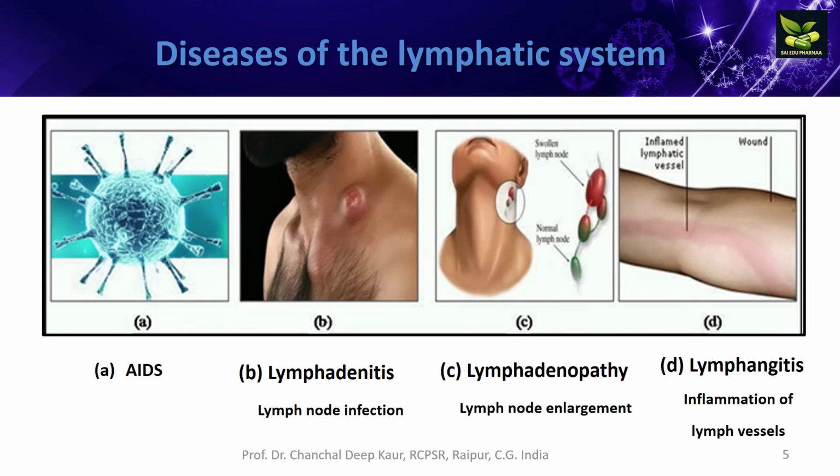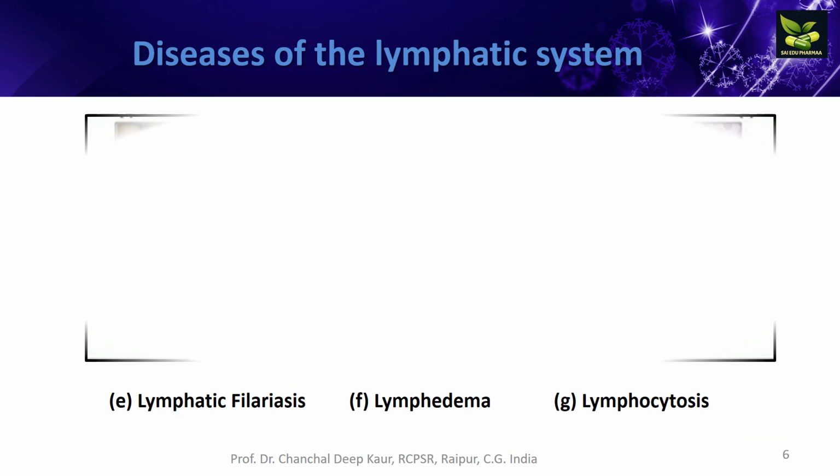Now we will be seeing diseases of the lymphatic system. As you can see in the diagrams, first is AIDS. In this, the HIV virus goes and stays in the lymph node and spleen. Then lymphadenitis, in which lymph node infection occurs. In lymphadenopathy, lymph node enlargement occurs. And in lymphangitis, inflammation of lymph vessels occurs.